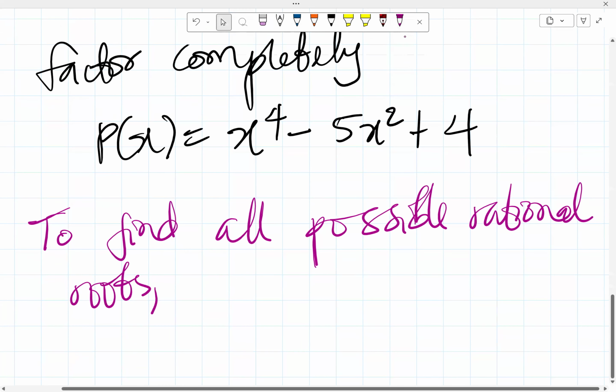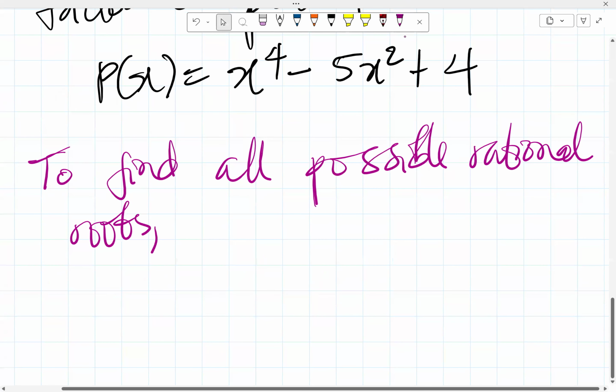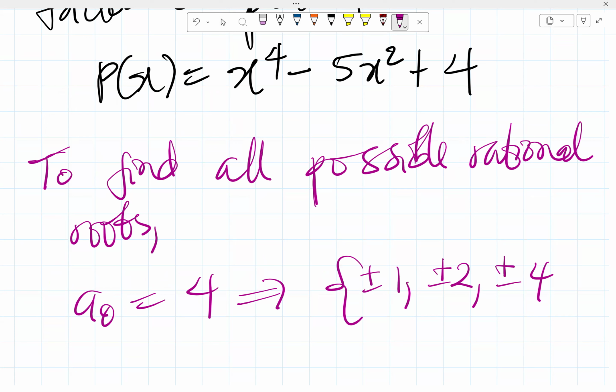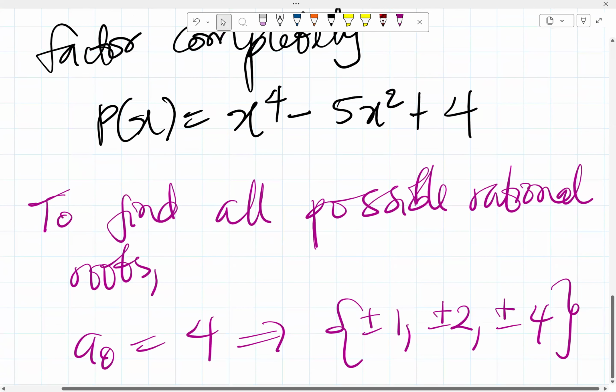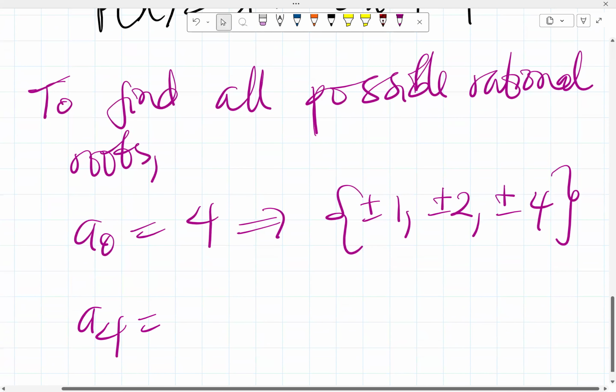Since this is quartic, first of all we get a naught, which is equal to 4 here. That's the constant. So we have the possible factors plus or minus 1, plus or minus 2, and plus or minus 4. These are the possible numbers that can divide 4. And then we have a4, the coefficient of x raised to the power 4, which is equal to 1, interestingly. So all we have there is plus or minus 1.